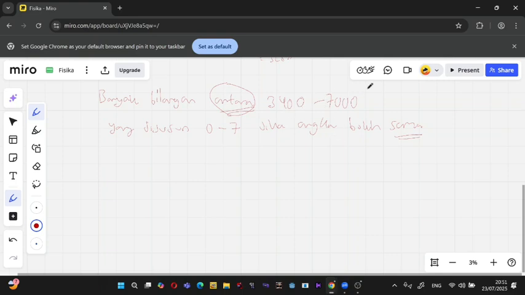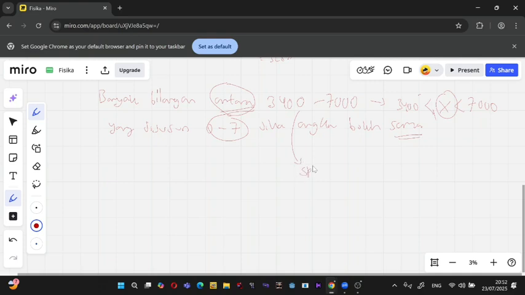For this last question that I'm going to explain, you are tasked to make numbers between 3,400 and 7,000 with the digits 0 until 7, and the digits can be the same. In this question, you also want to split this into 2 cases.